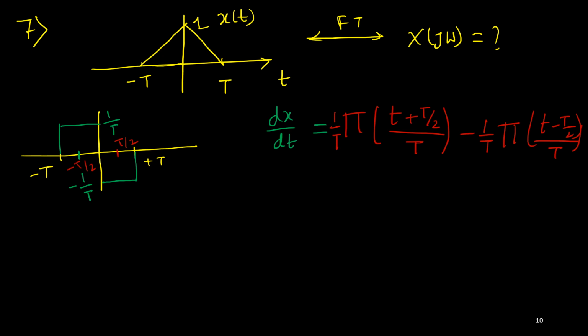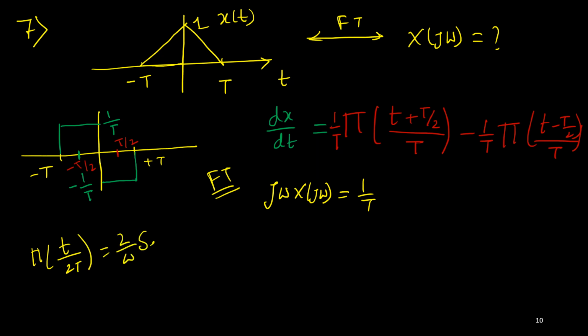So if you take the Fourier transform on both sides, this one is j omega times X of j omega, and this is 1 upon T times, and we understand that pi of t upon T will be 2 upon omega sine omega T by 2.